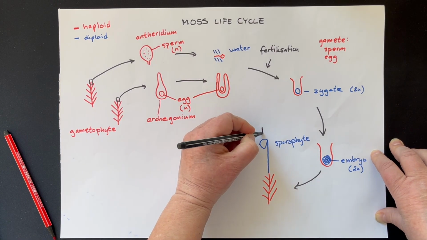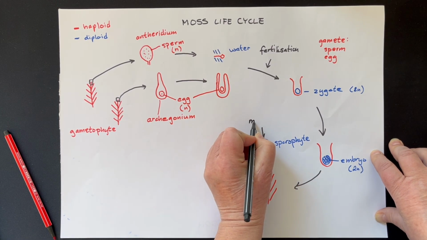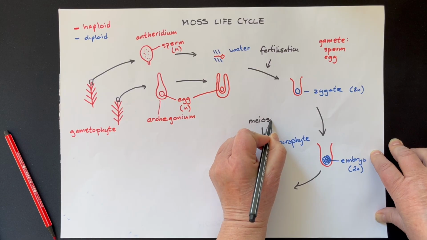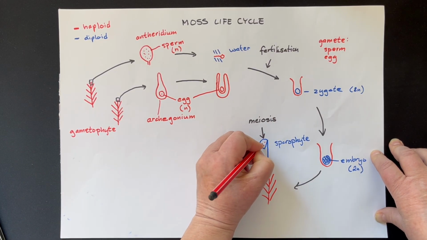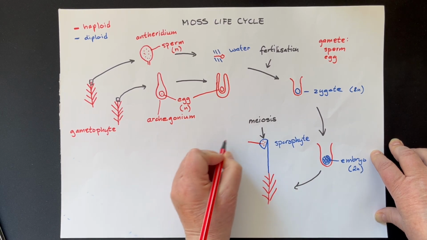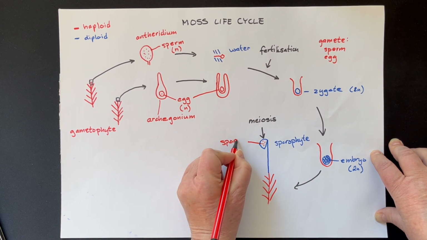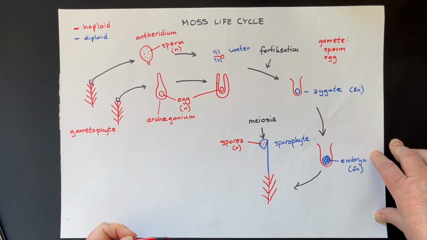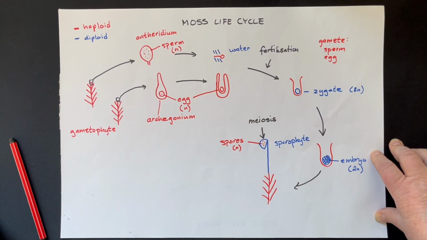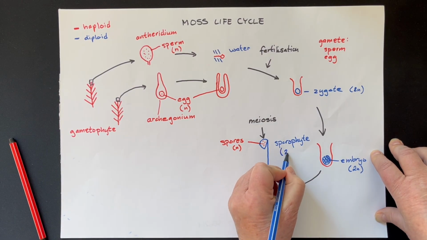So we have meiosis in here, producing haploid cells, which are the spores. And they're haploid. And then the sporophyte is diploid.